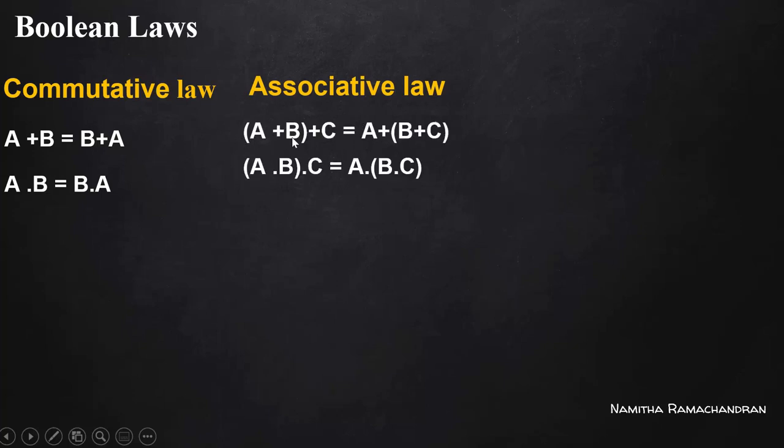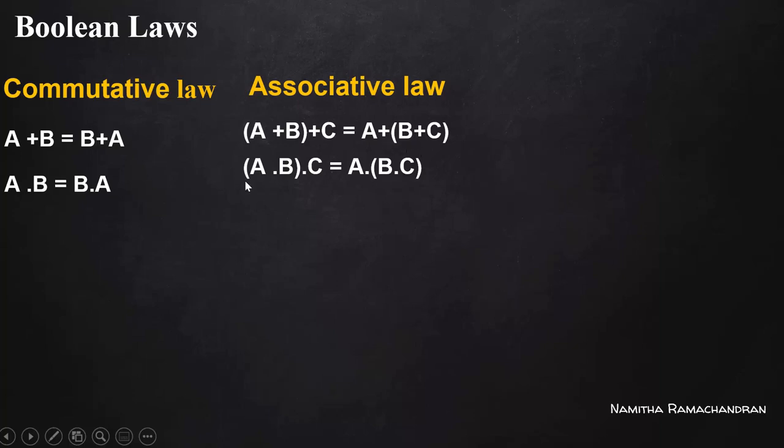Next is associative. That means A or B, then again OR with another Boolean variable C, generates a result equal to this operation, that is A ORed with the result of the operation inside the bracket, B or C. Okay, so this is equal to this one.